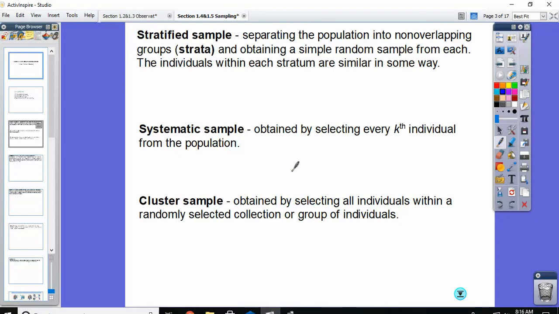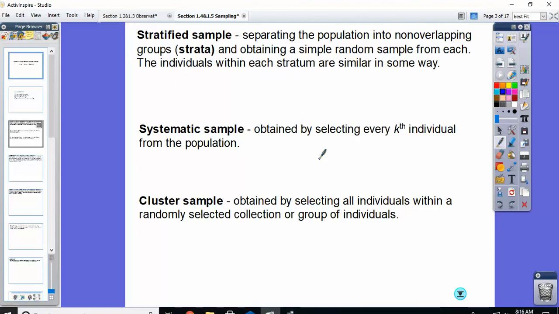Systematic is obtained by selecting every K individual from the population. So I go to the lunchroom, and as people come in, I say I'm going to take every 7th person that walks in the door, and I get my group or my sample that way. In a cluster, we select all individuals within a group.